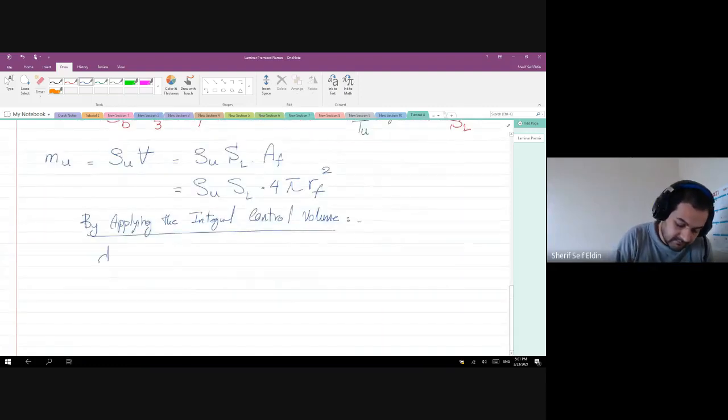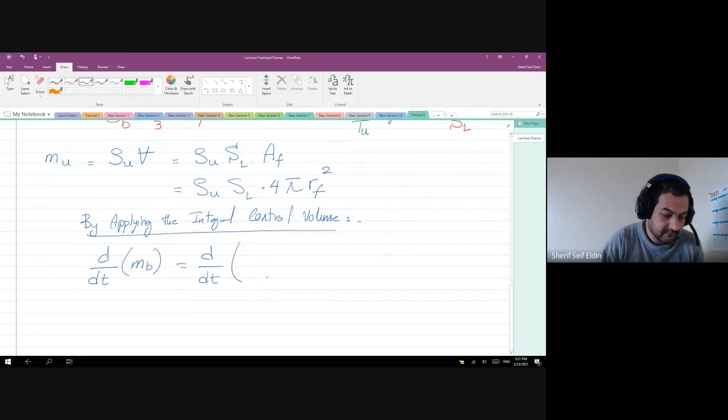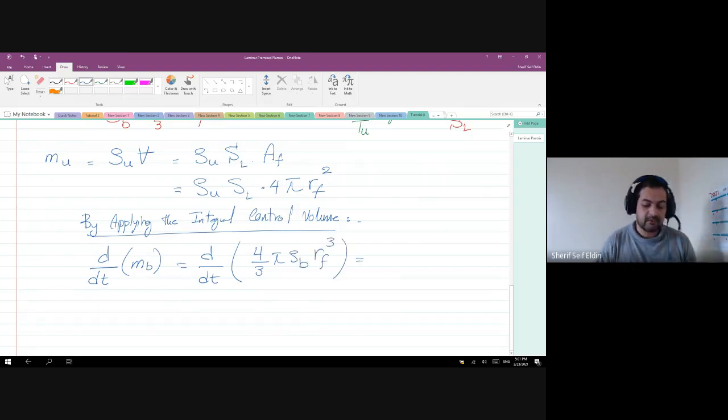So d by dt of the mass of the burned gases is d by dt of 4/3 pi rho b rf to the power 3, and it's going to be the same as the mass of the unburned gases, right?